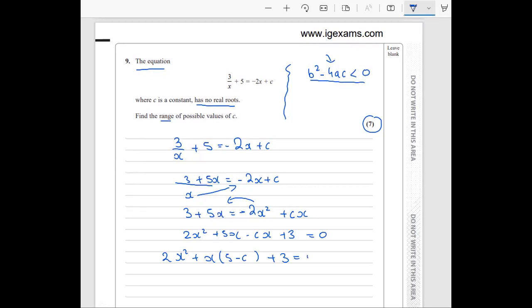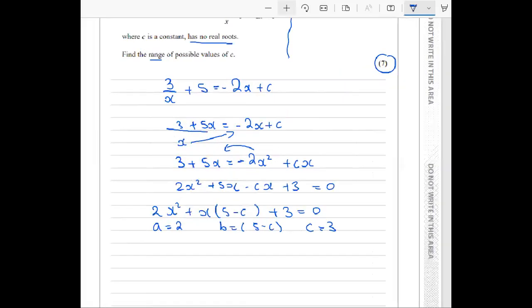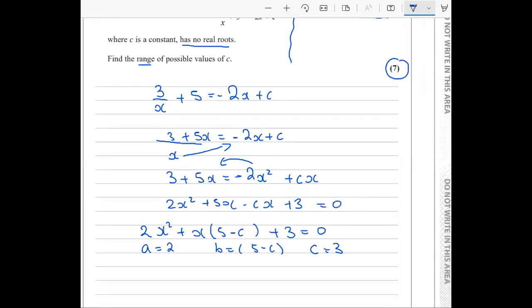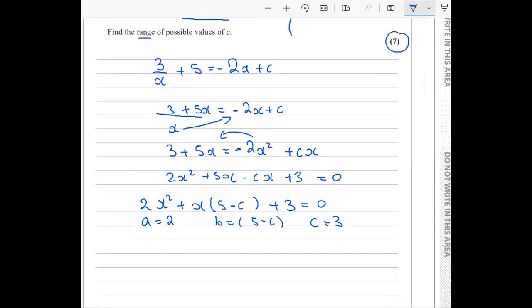Now a is the coefficient of x square, that is 2. b is the coefficient of x, that is 5 minus c. And c is 3. Any confusion so far? No, miss. Perfect. Now this is our quadratic equation.